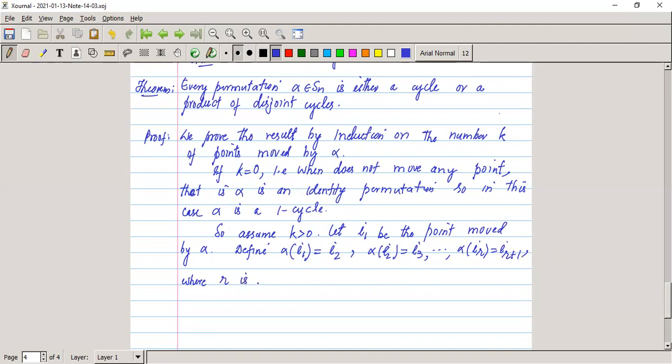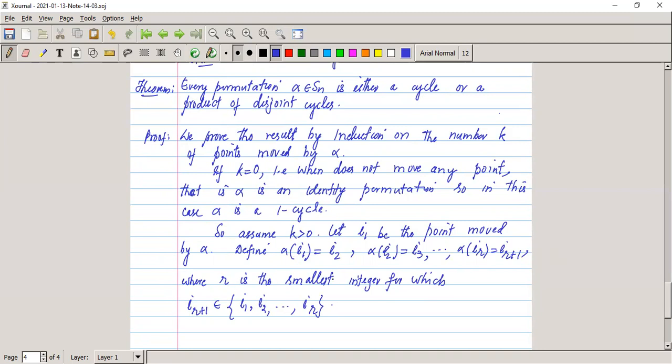the smallest integer for which IR plus 1 belongs to the set I1, I2, up to IR.